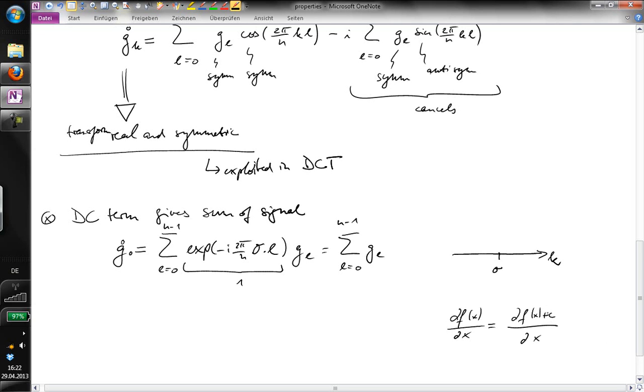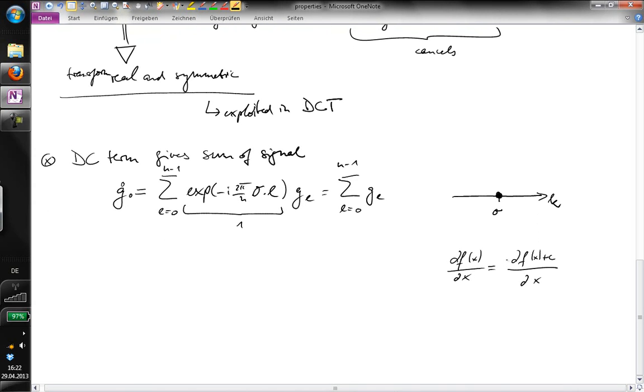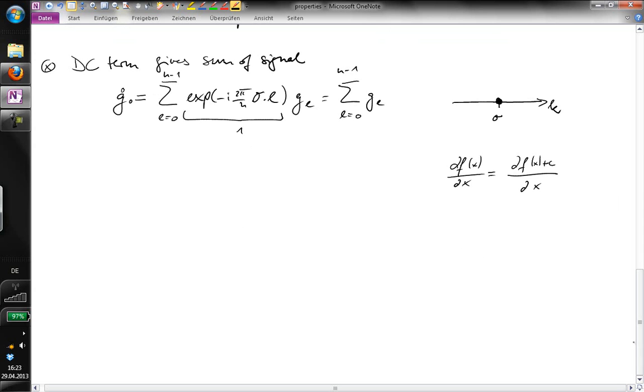And that tells me already that the derivative operator must have a DC term of 0 because it annihilates all such constants. So I don't know yet what the derivative operator looks like for the other frequencies, but it must definitely be 0 at 0 frequency. And we'll revisit the derivative operator soon.